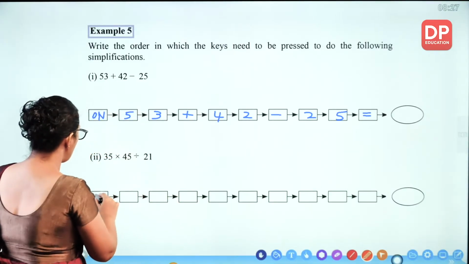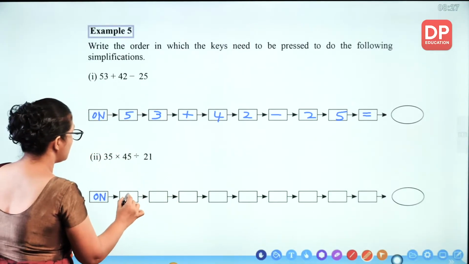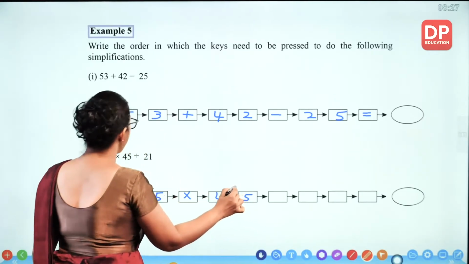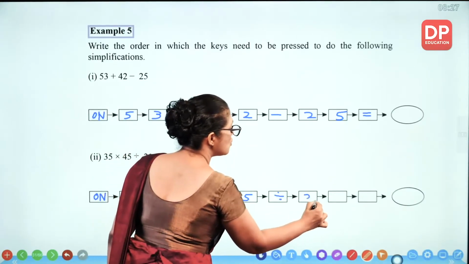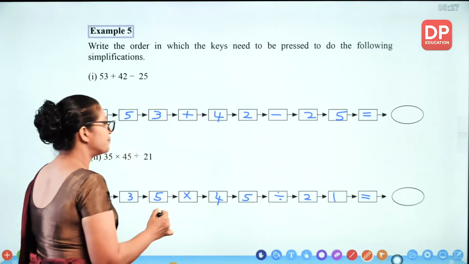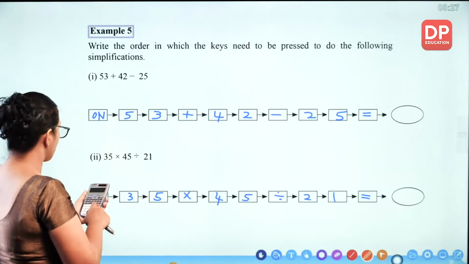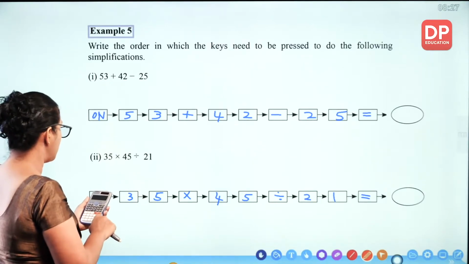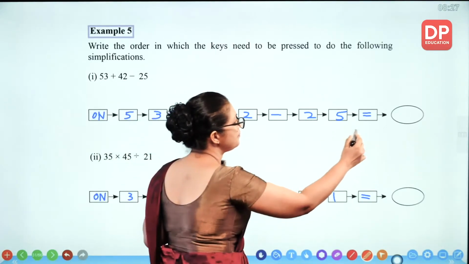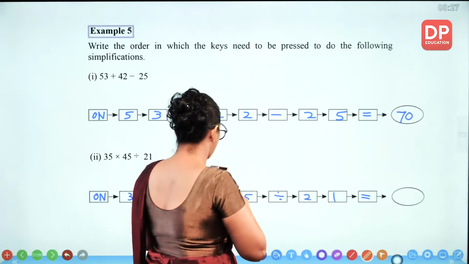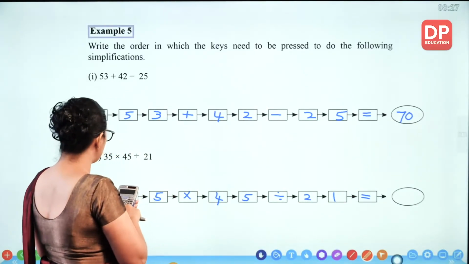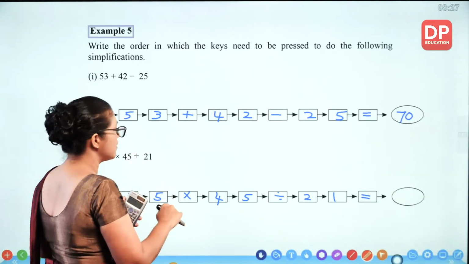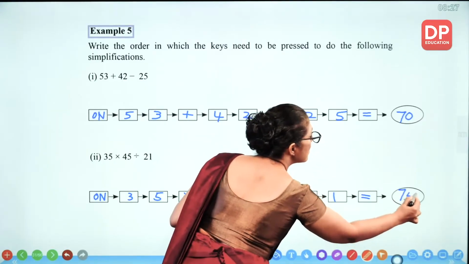We'll do this also on 35 multiplied by 45 divide by 21. 53 plus 42 minus 25, that's 70. This one, 35 times 45 divide by 21. You get 75.